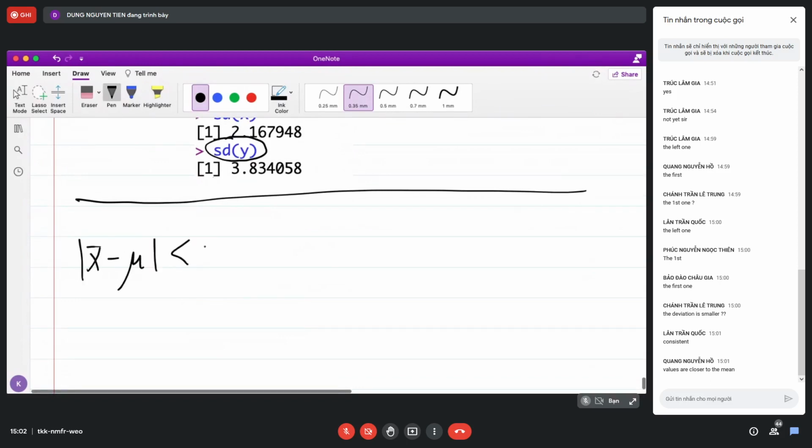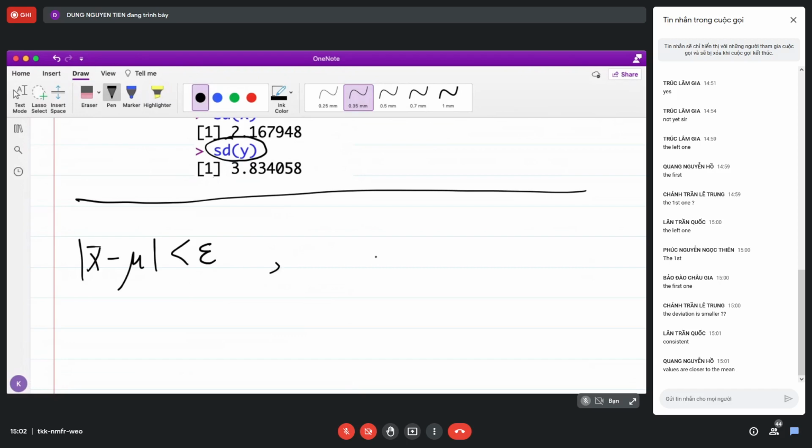You want to estimate this by epsilon. You can determine this epsilon. If epsilon is small, the approximation is good. If epsilon is big, the approximation is bad. So you want to estimate the error of the approximation.